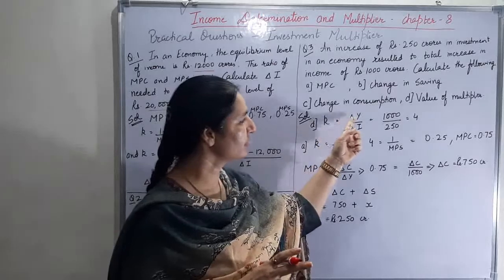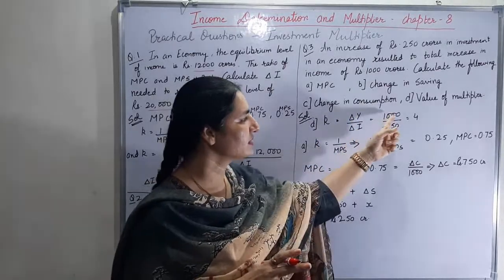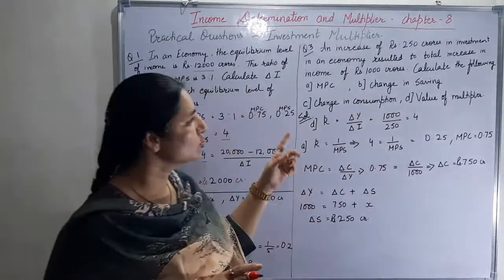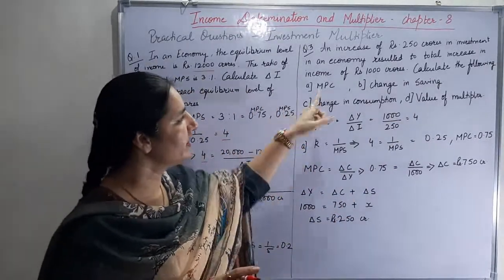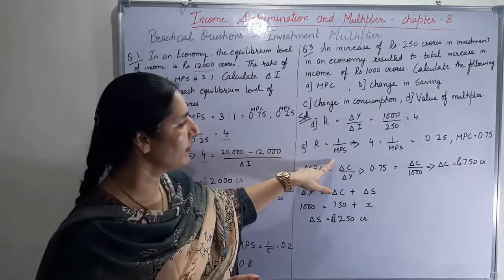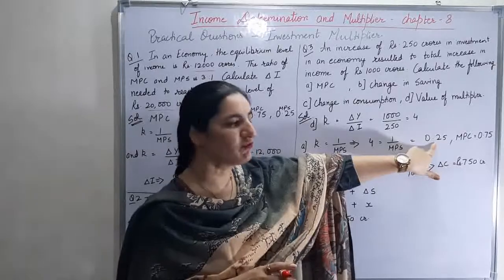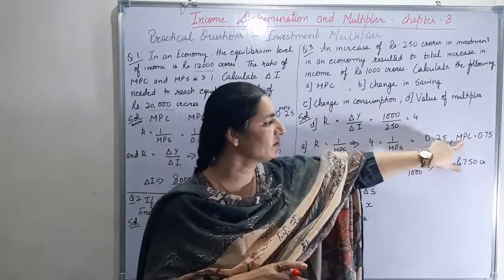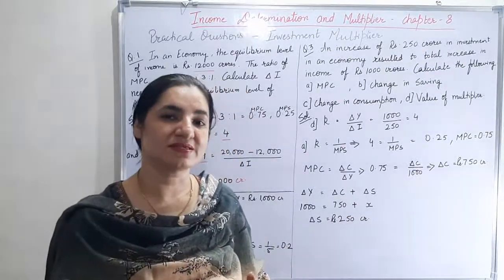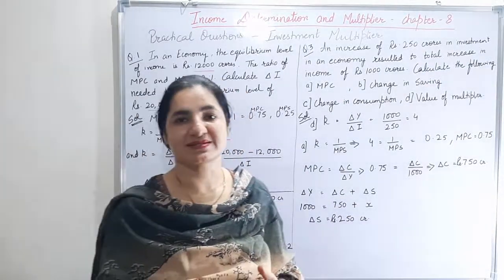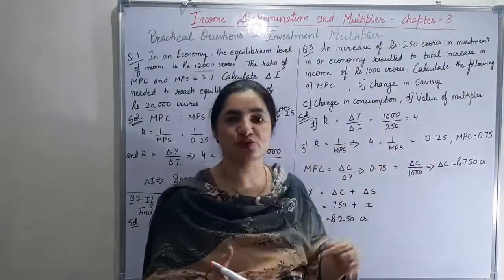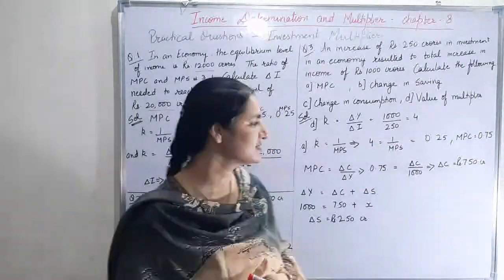K is equal to change in income by change in investment, that is 1000 divided by 250. It is 4 times. If we directly apply K is equal to 1 by MPS, we will find 0.25, and the value of MPC will be 0.75, because again MPC plus MPS is equal to 1.